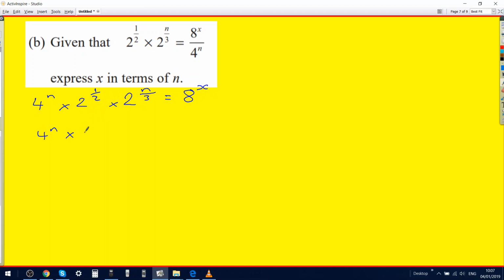So you copy the base, so that'll still be 2, and that'll be n over 6. So you just copy the base and add the powers. No, you add the powers, don't you? Yes, you don't multiply the powers. So that would be n over 3 plus a half, not times a half.